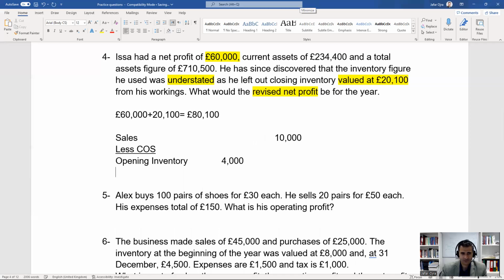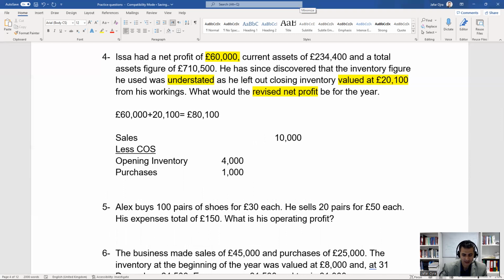Plus purchases. Let's assume the purchases are 1,000. Minus closing inventory. Let's say a couple of thousand, 2,000.